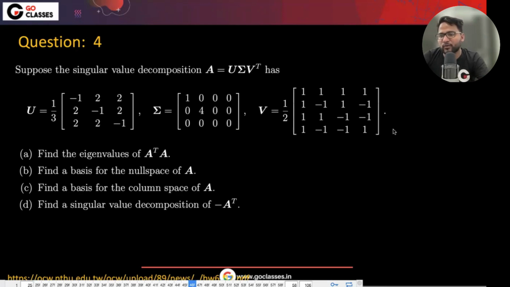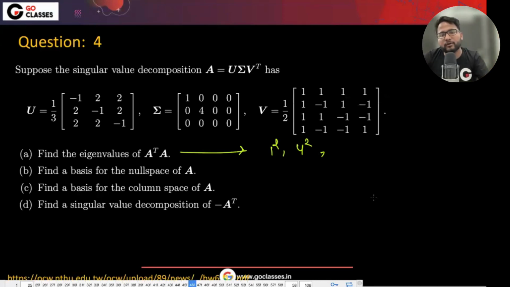Basically these are the sigmas, and eigenvalues are actually sigma square. So you can say it is 1 square, 4 square. Is this fine or should I be writing more? Are these the only eigenvalues?